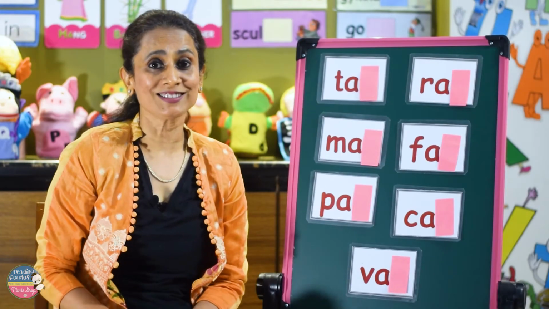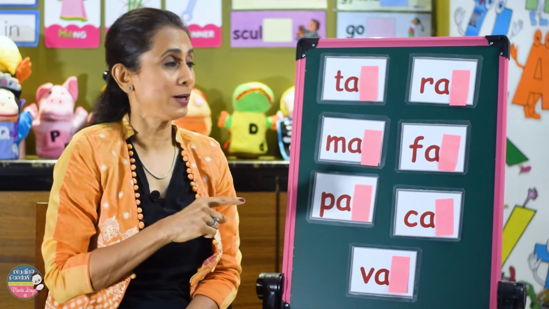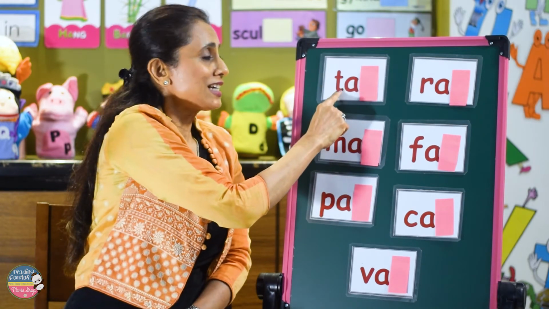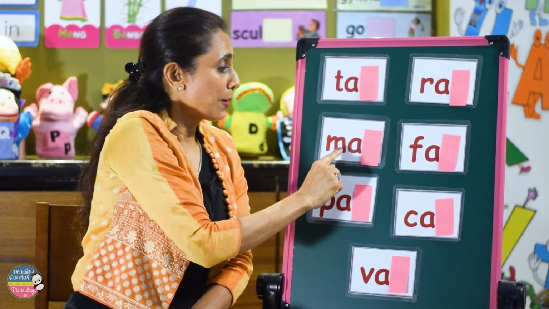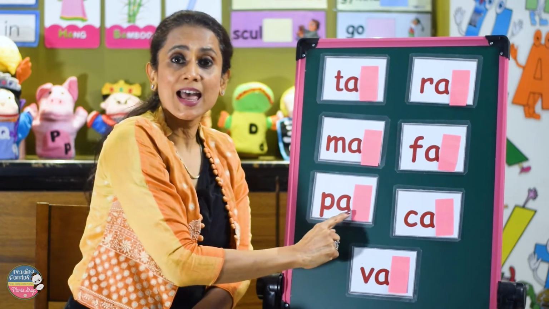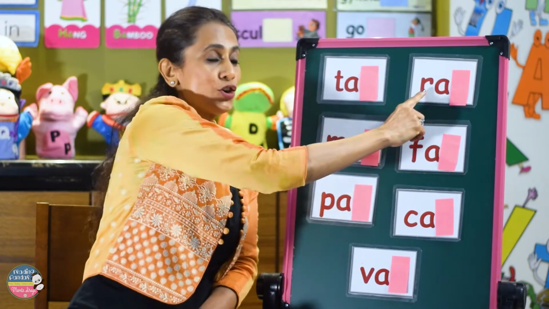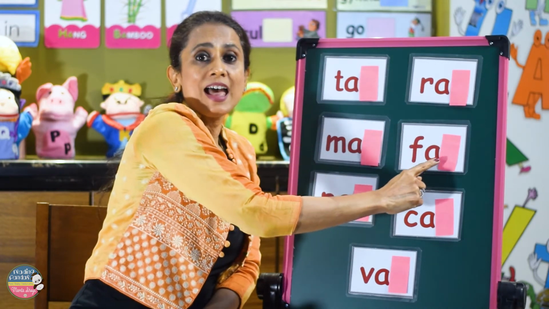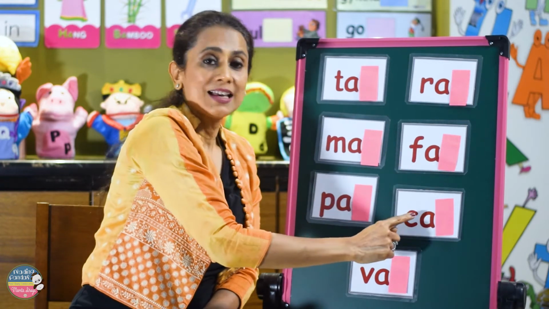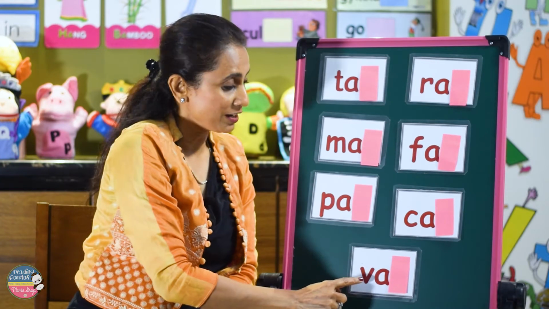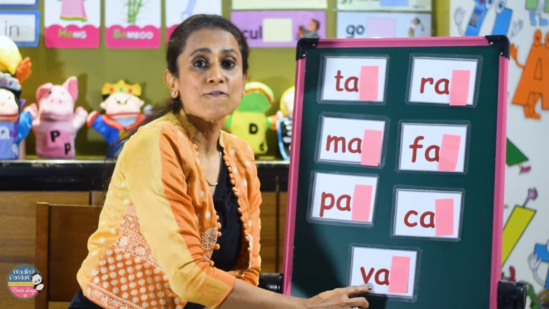Now let's begin. And remember, we have to blend in the first consonant and then the vowel. T, a, ta, m, a, ma, p, a, pa, r, a, ra, f, a, fa, k, a, ka, and then the last one is b, a, ba.